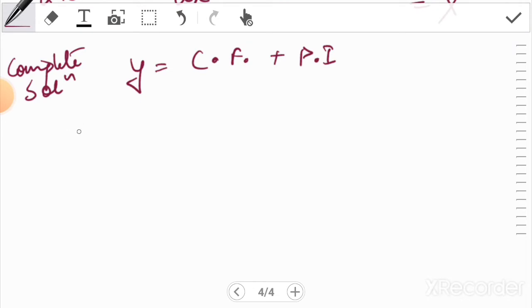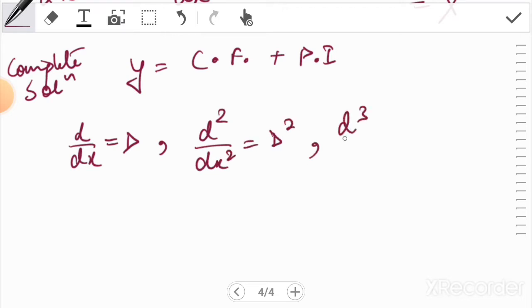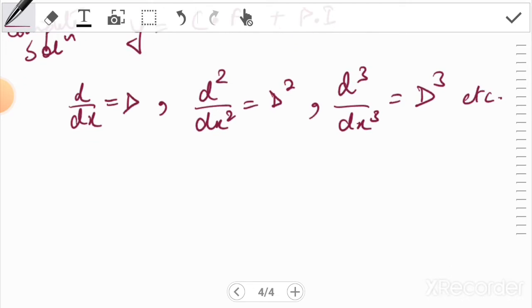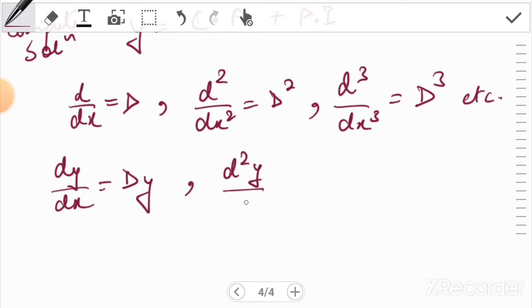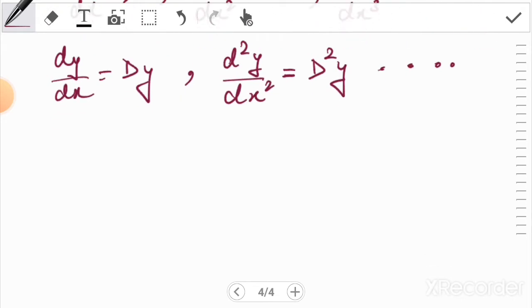So let us denote d by dx as D, d square by dx square as D square, d cube by dx cube as D cube, etc. So that dy by dx is equal to D times y, d square y by dx square is equal to D square y, and so on, right?